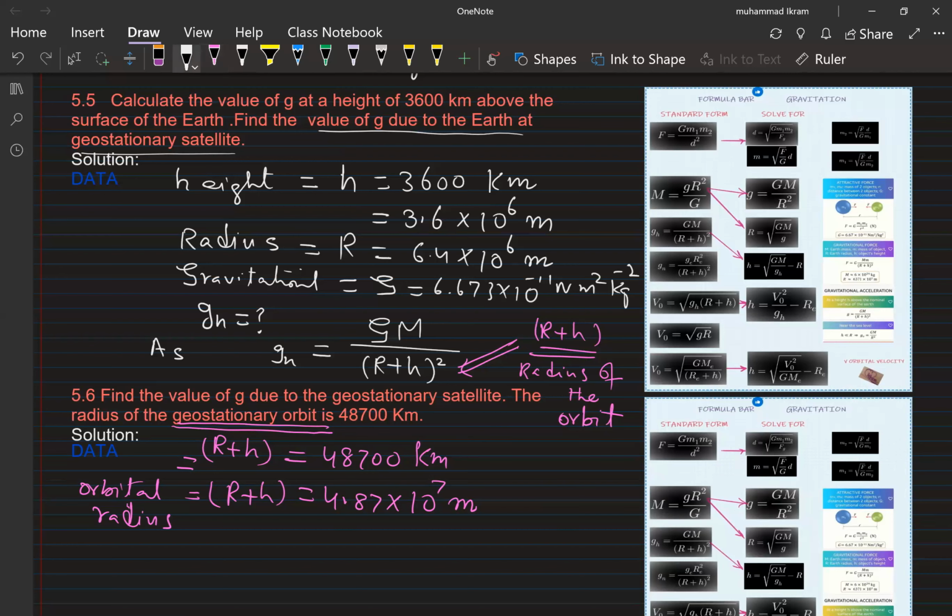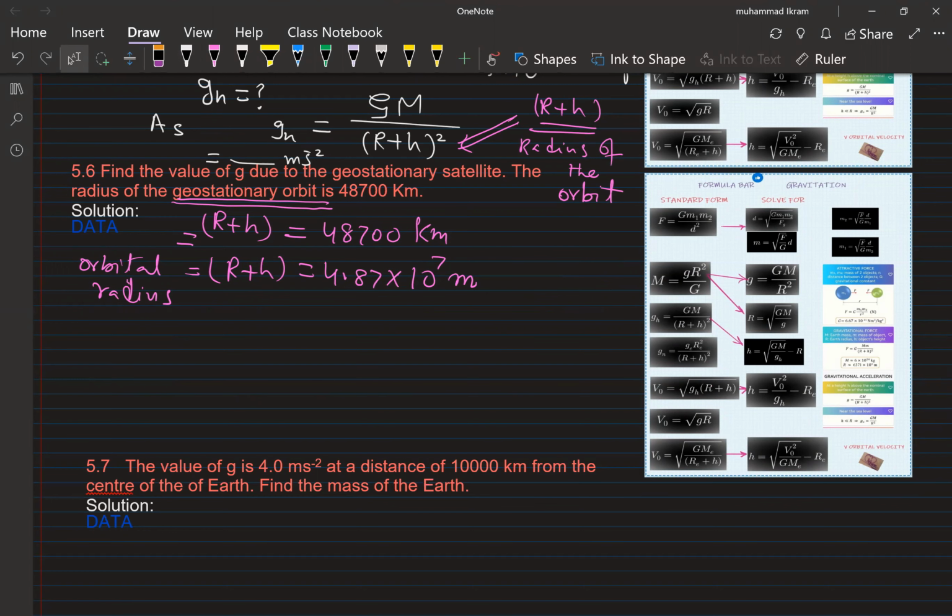Now they say find the value of g due to the geostationary satellite. For this you use g_h equals GM over (R plus h) whole square. Clear? You have all of this given, and again the answer will be in meter per second square, right?